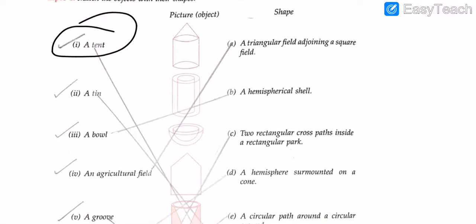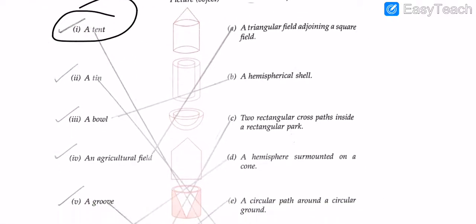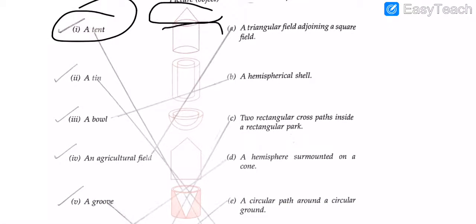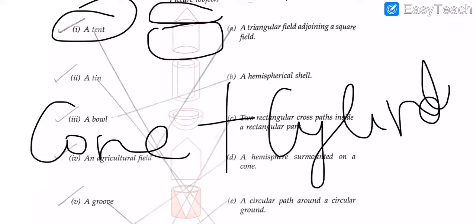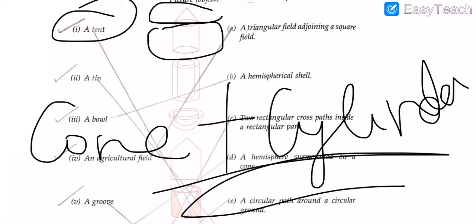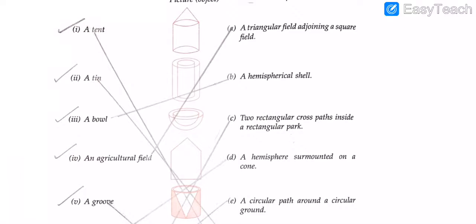Now tell me, why do we say a cone is surmounted by a cylinder? Because this is a cone, this is a cylinder. So you have a cone plus cylinder. That is why you say it is a cone surmounted by a cylinder, as in the cone is surmounted, as in below it there is a cylinder attached to it.